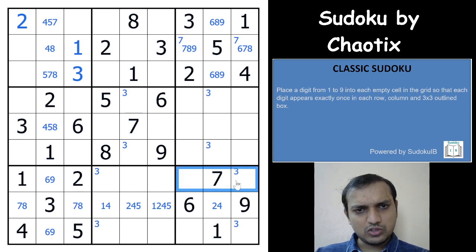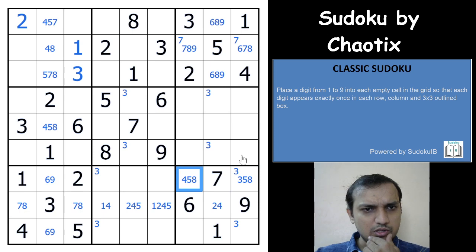These two cells are 3, 4 and 5. So this is 4 5, 3 5. 2, 3 and 8. No, 8 is also possible, right? 8 is also possible in these cells.